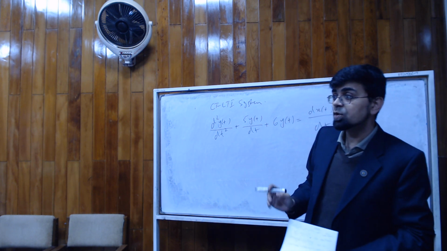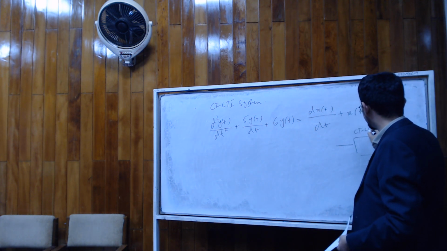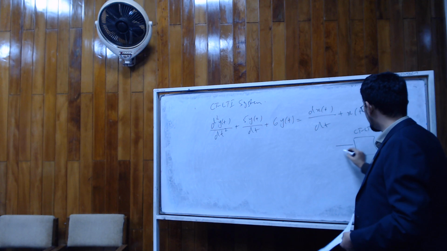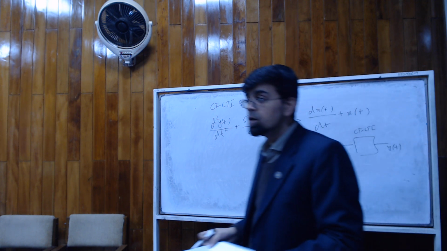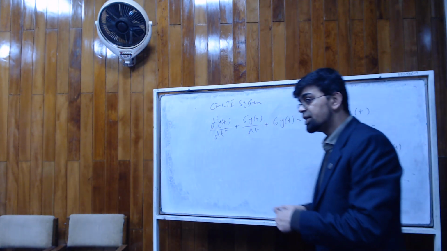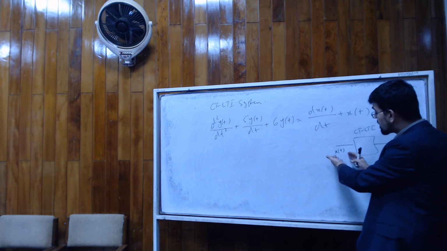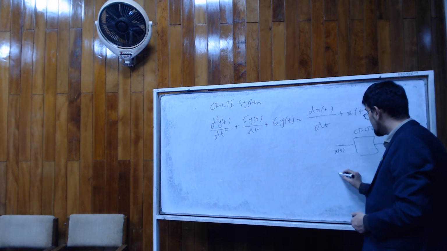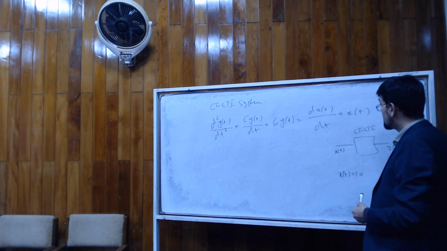Okay, so what is this system? We're saying this is a CT-LTI system that has input x(t) and the output is y(t). Now, it's easier said than done here. It's very easy to say the input is x(t), the output is y(t). If I tell you the input x(t) equals 10, what's the output?